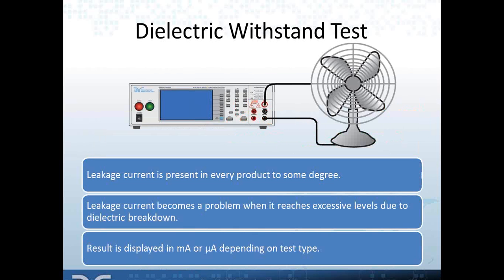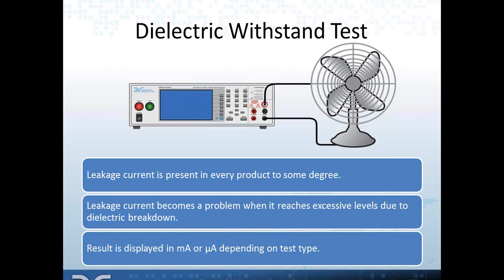Here's another picture of a very basic device, a fan in this case, being connected to a hi-pot tester. So leakage current, as we all know, is present in every product to some degree. Leakage current becomes a problem when it reaches excessive levels due to dielectric breakdown.